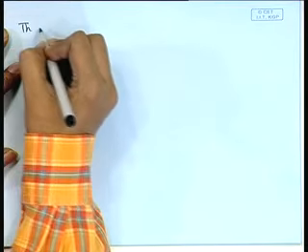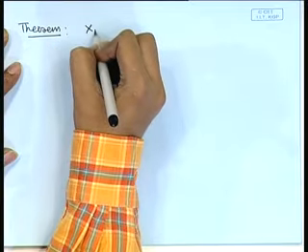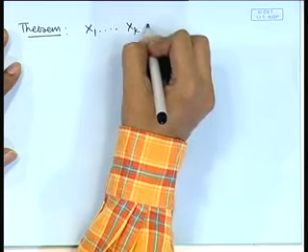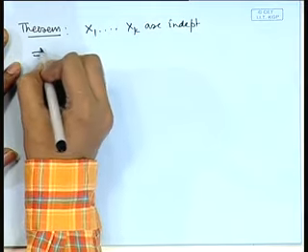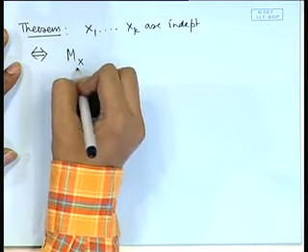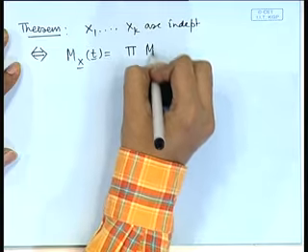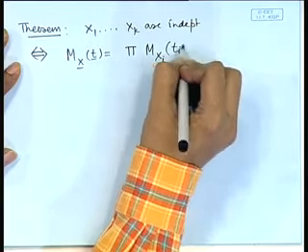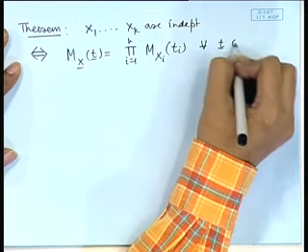Using this, we can prove the theorems as in the case of bivariate that x1, x2, ..., xk are independent if and only if the joint MGF is the product of the individual MGFs for all t.